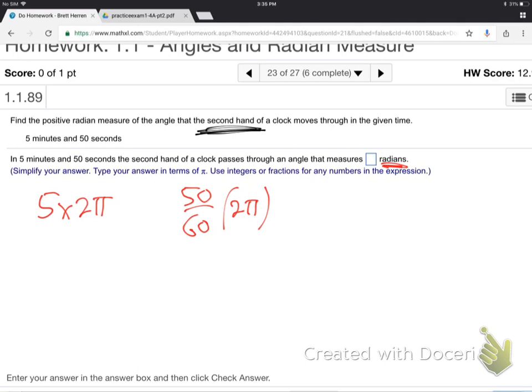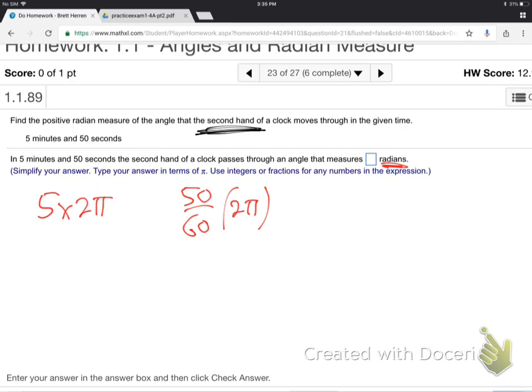If I had 60 jobs to do and I did 50 of them, then I did 50 60ths of the whole job. If that hand has 60 seconds to make a full circle, and it does 50, doesn't it do 50 60ths of a whole circle? That's the portion, and in math of is always times, of a whole circle.